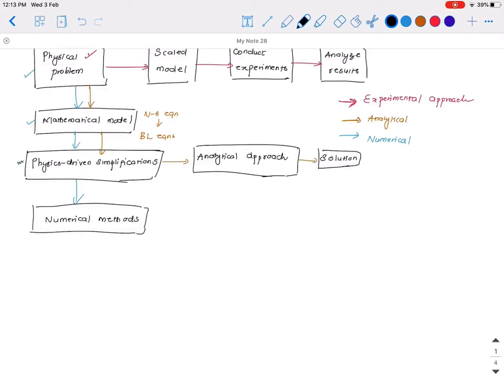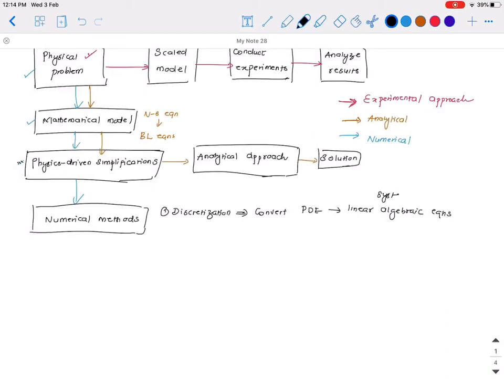One is discretization. By discretization we mean we break down the non-linear problem into a series of linear problems, or most importantly we convert the PDE into a system of linear algebraic equations.